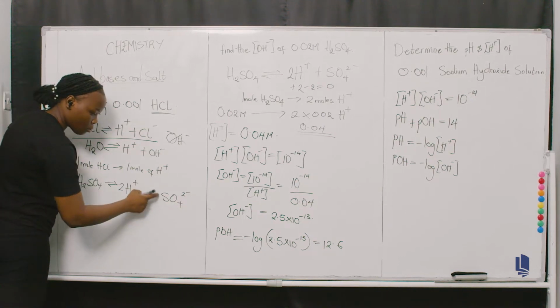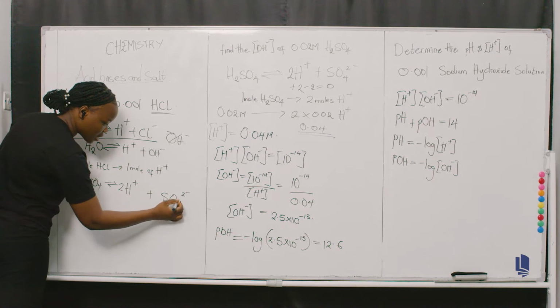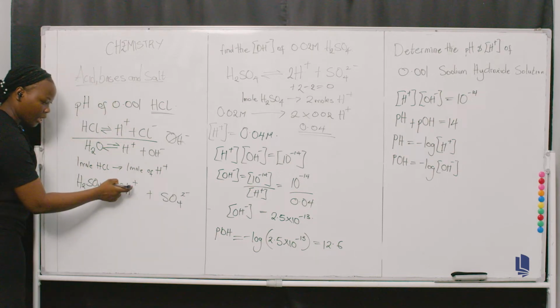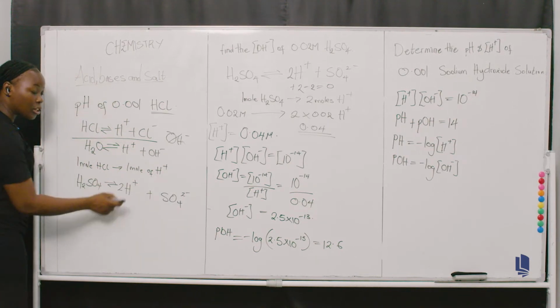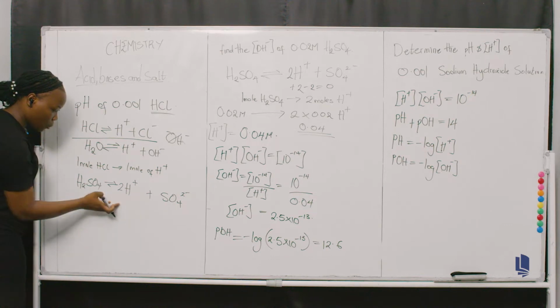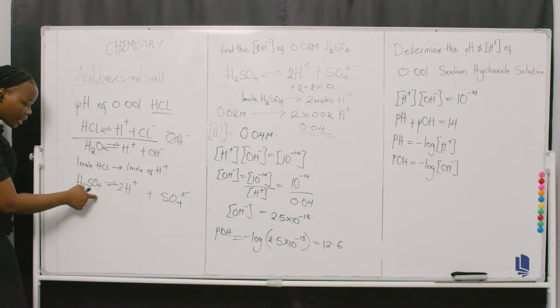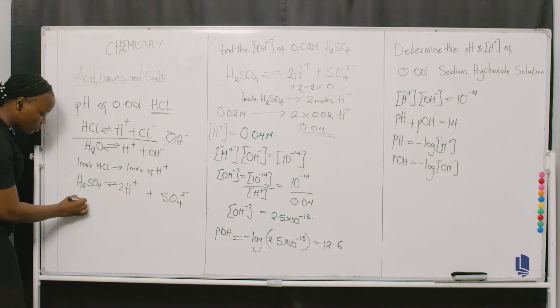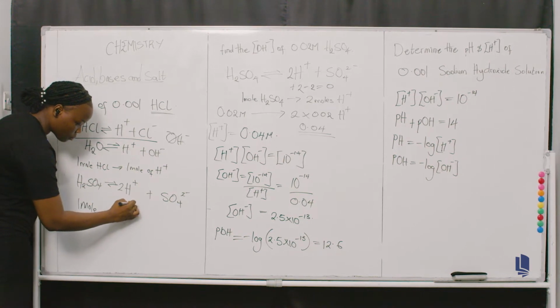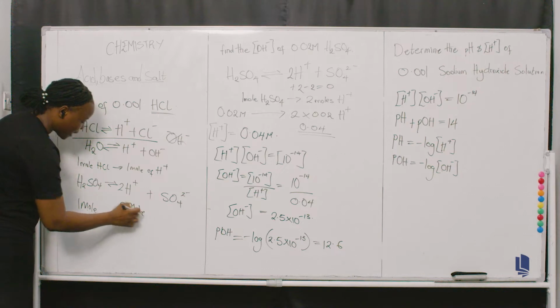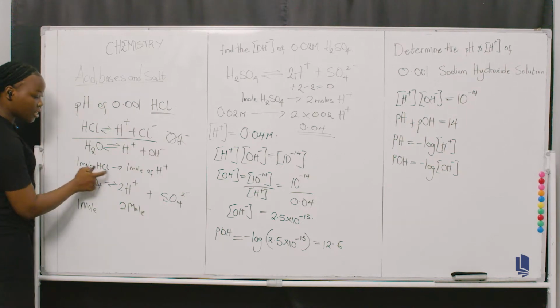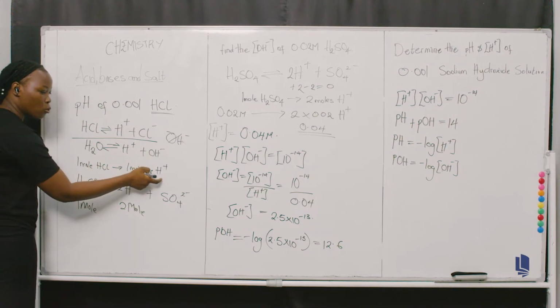This ion carries the charge of 2 minus. And then this is plus. We know hydrogen carries the charge of plus. And so we are good up to this point. From here now, we will know that 1 mole of this will give 2 moles of this. Unlike in HCl, 1 mole of this will give 1 mole of this.